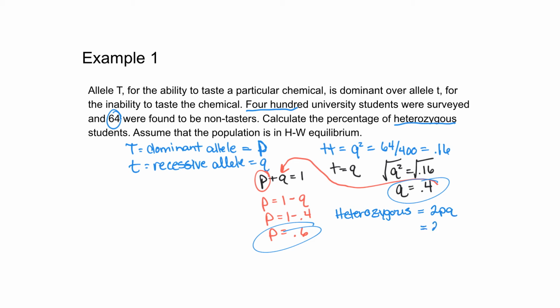So 2 times 0.6 times 0.4. And what is that? Right, 0.48. And so 0.48 is the frequency of our heterozygous students, or the percentage of our heterozygous students, and that's our answer.